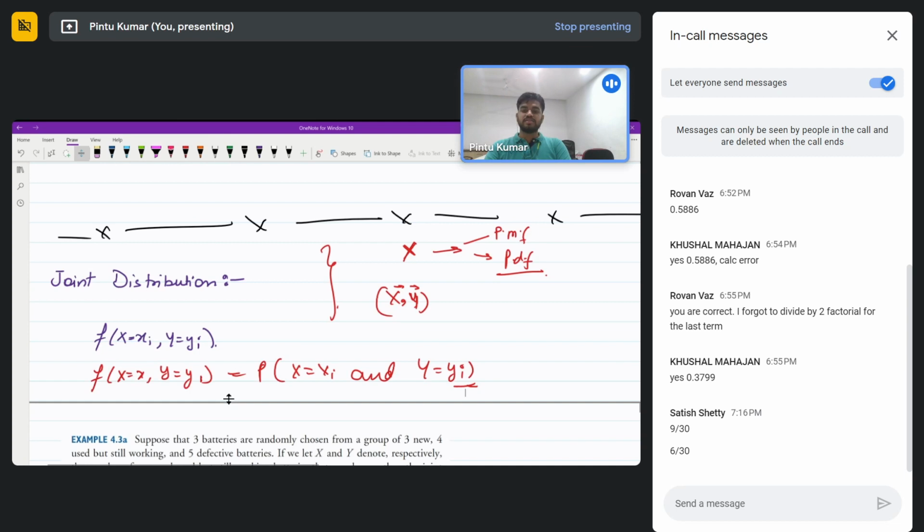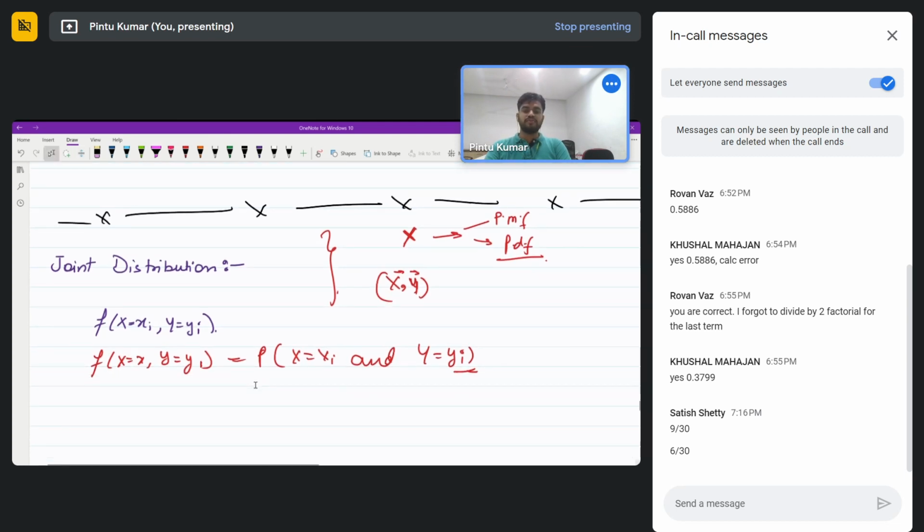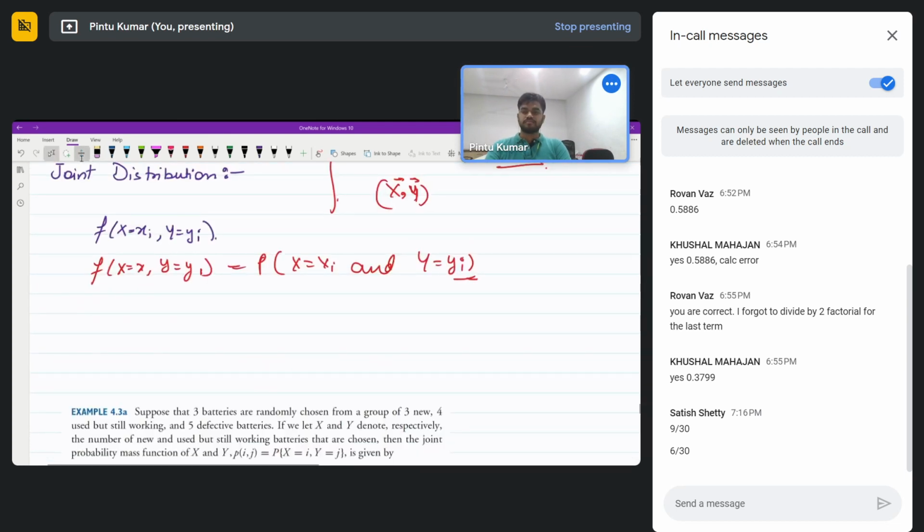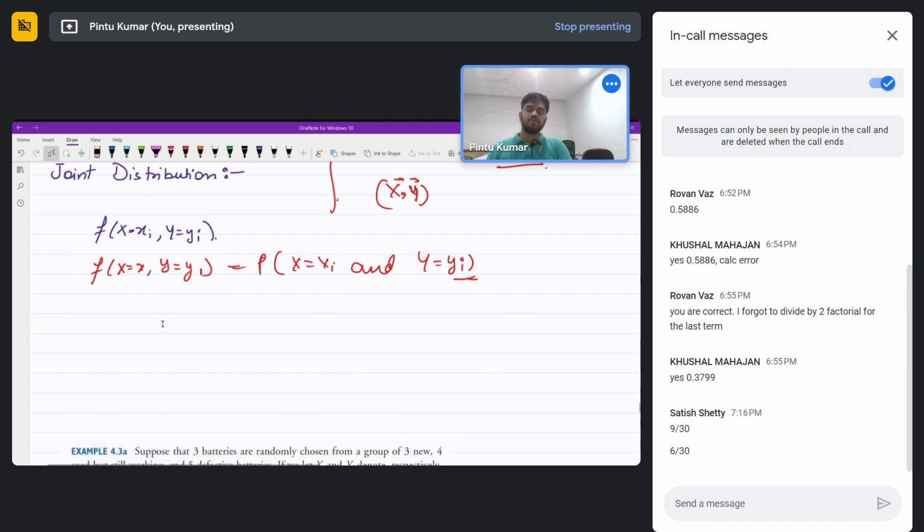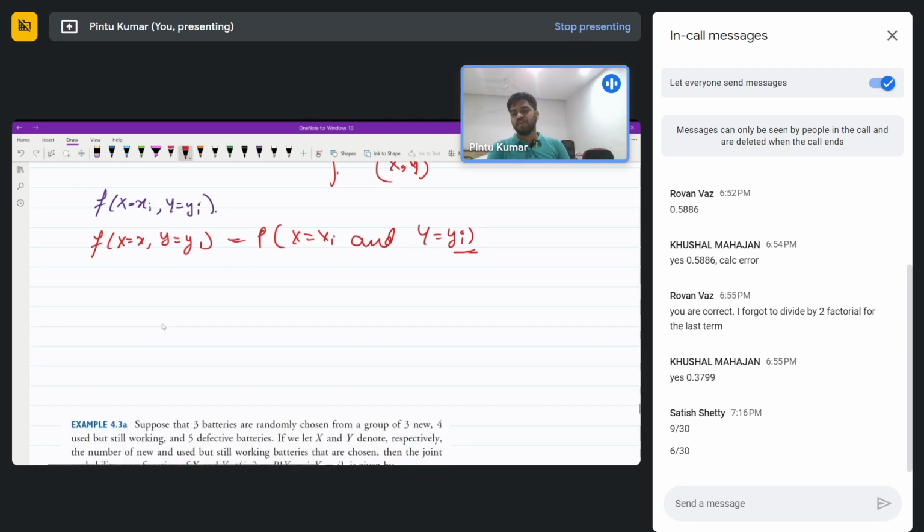There is another term that is associated with this. Before going to an example, let's look at what is known as marginal distribution, which is related to joint distribution.